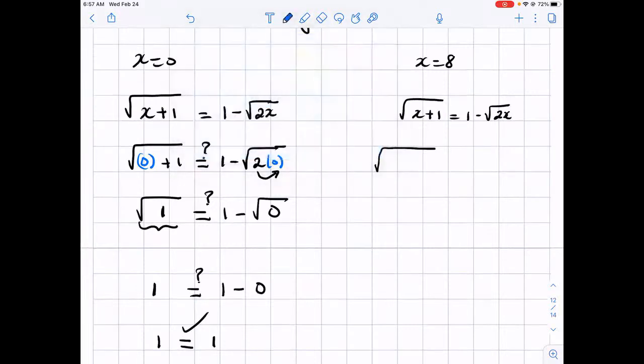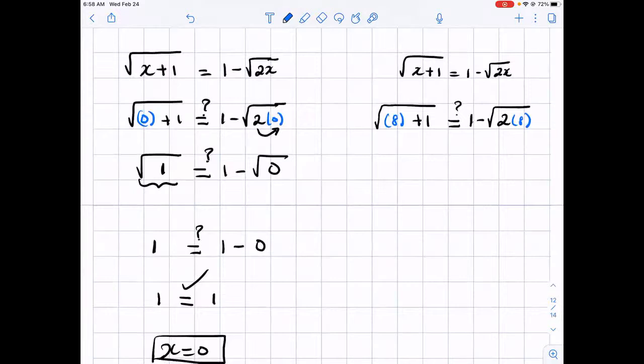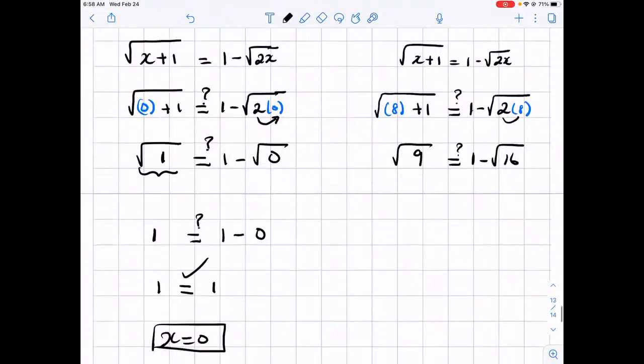So I replace x with 8. We have the square root of 8 plus 1, and is that equal to, when we plug this in, 1 minus the square root of 2 times 8? So 8 plus 1 becomes the square root of 9. We have 1 minus the square root of 2 times 8, which is 16.